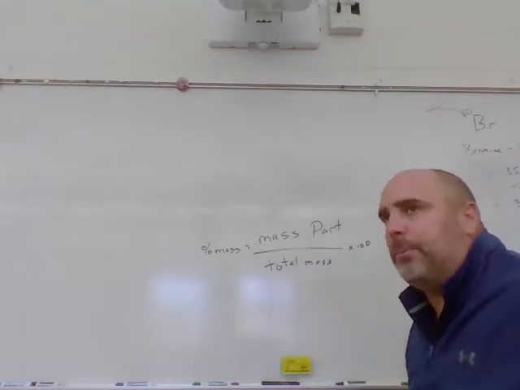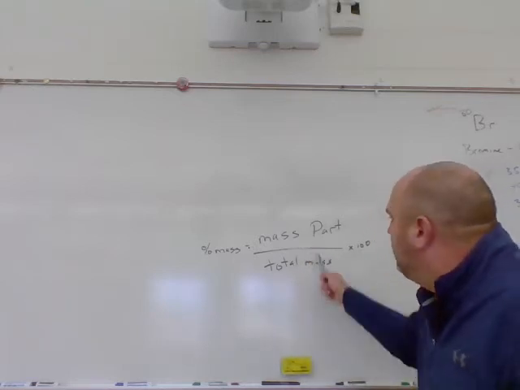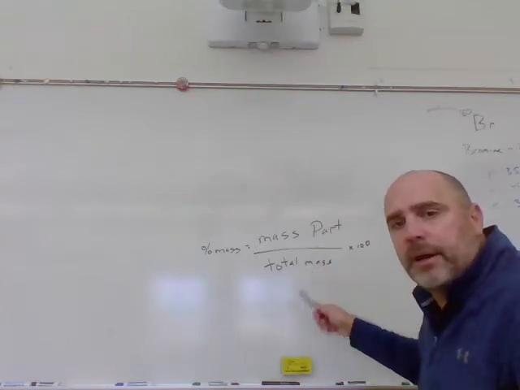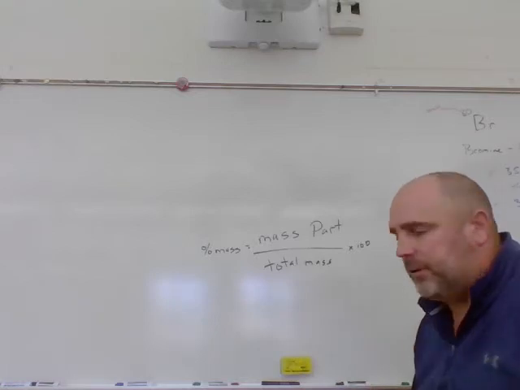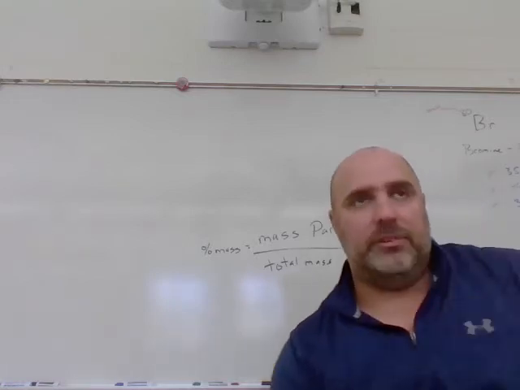Just like if you want to find what percent you earned on a test, you take the part of the test you got right divided by the total points possible. But here we're doing the mass of a part divided by total mass. You'll see percent mass used in things like, a watermelon is 97% water. That means 97% of the weight of a watermelon comes from H2O.